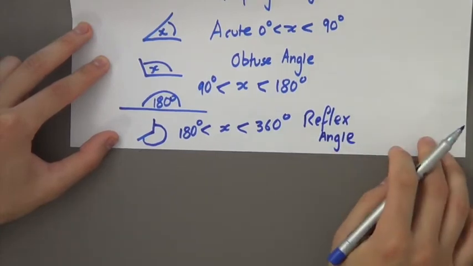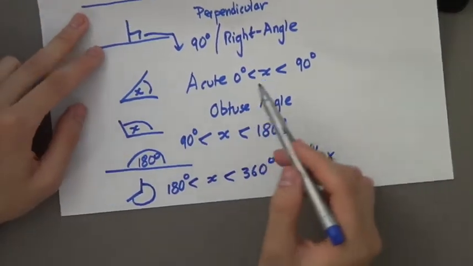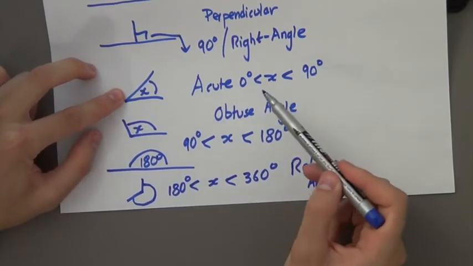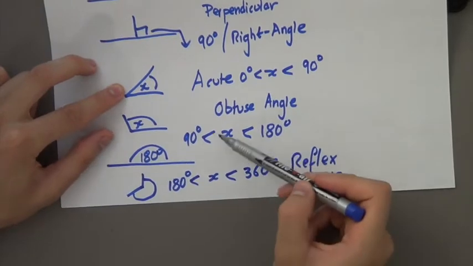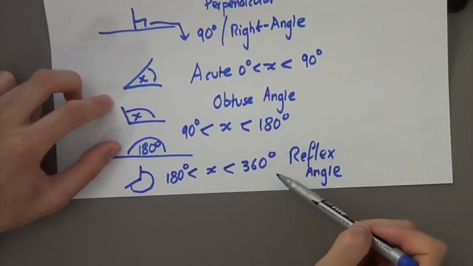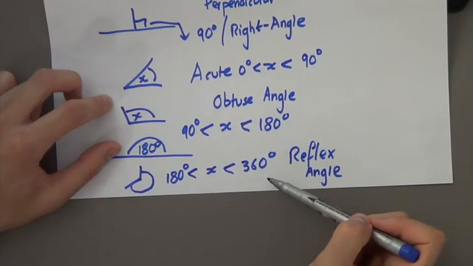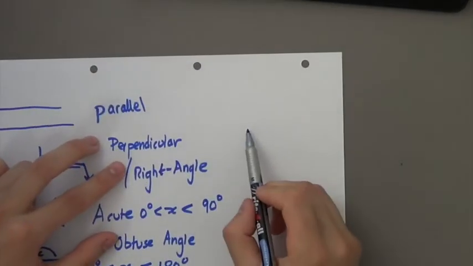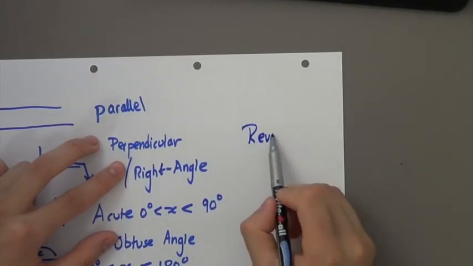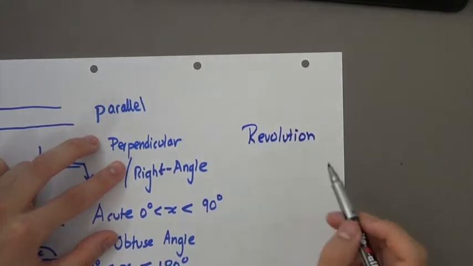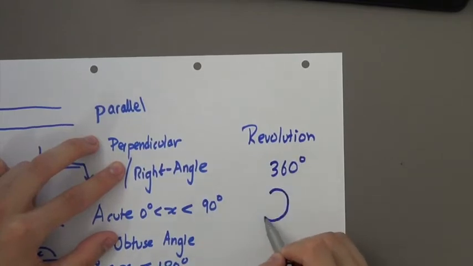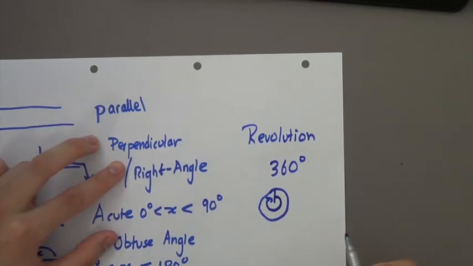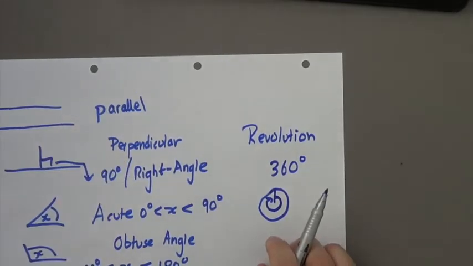So the three you need to be aware of are the acute angle, between 0 and 90, obtuse angle between 90 and 180, and then a reflex angle, which is between 180 and 360. And finally, you might come across this term, which is a revolution. A revolution is basically 360 degrees. So one circle. The angle that one circle has. So that's one revolution.